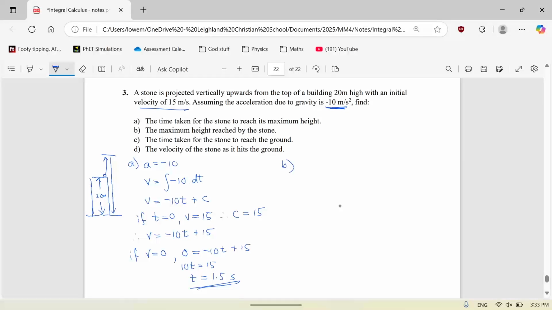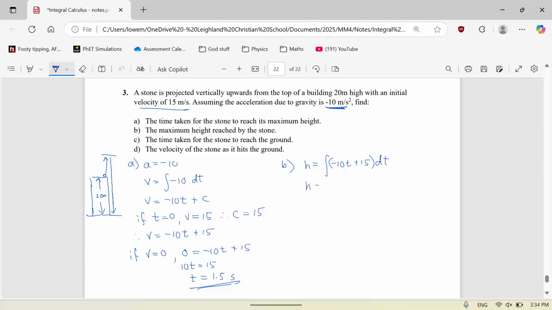B, find the maximum height. So we need a rule that calculates the height, or the position, if you like. We know that velocity is the rate of change of height, so our height h will be the integral of negative 10t plus 15 with respect to time.